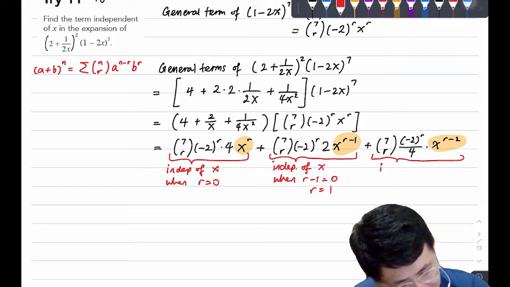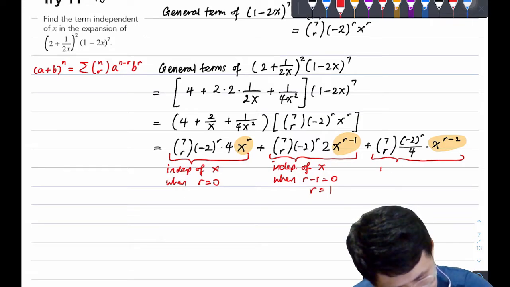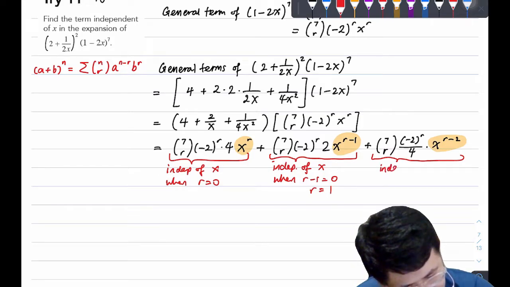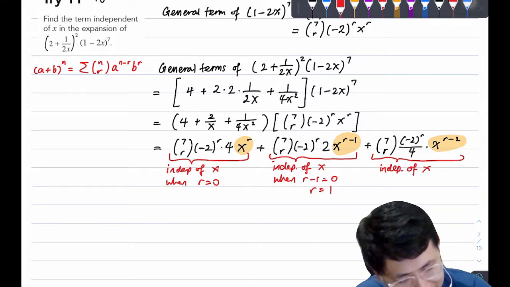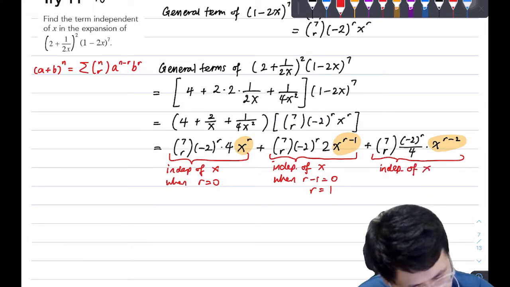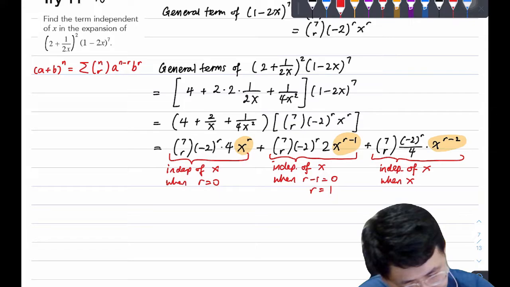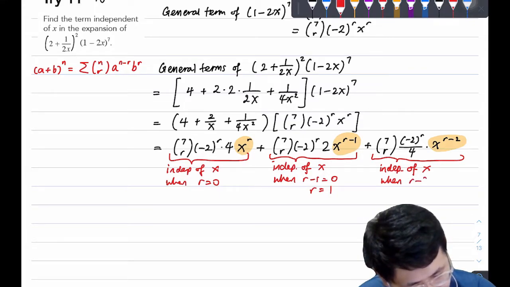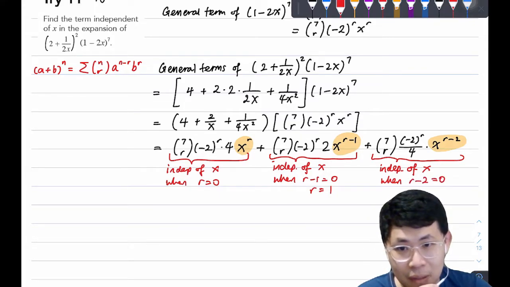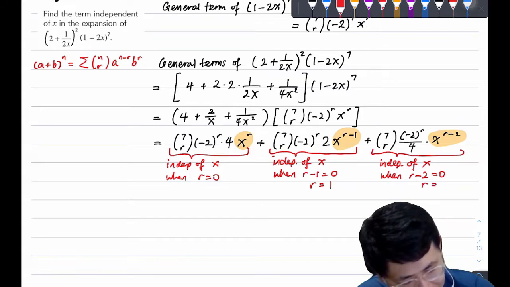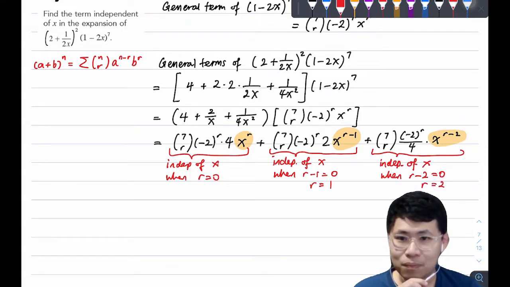This term is going to be independent of x, meaning there's no x, when the power of x, r minus 2, is equal to 0. So r over here is equal to 2.